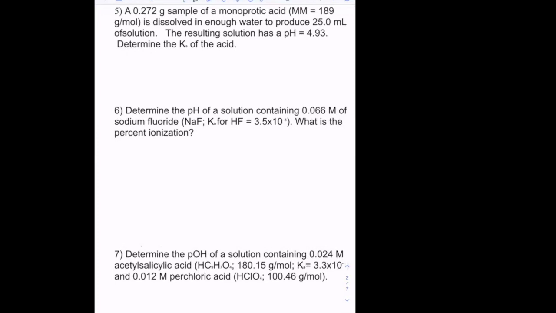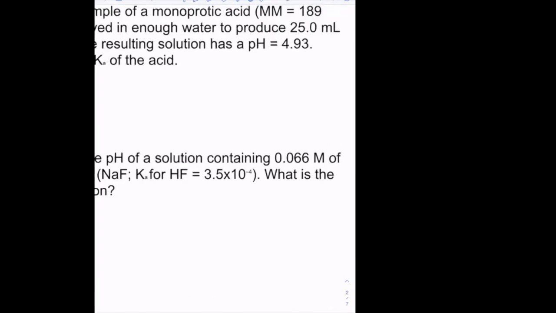And so a few things I'm going to do to start with. It gave us a mass of the acid. We obviously don't really know how to work with the mass of an acid. We need to convert that to moles to be able to determine concentrations or anything to do with equilibrium. So to start with, what I'm going to do is actually just convert 0.272 grams into moles using this molar mass here. And so I'll do that up here.